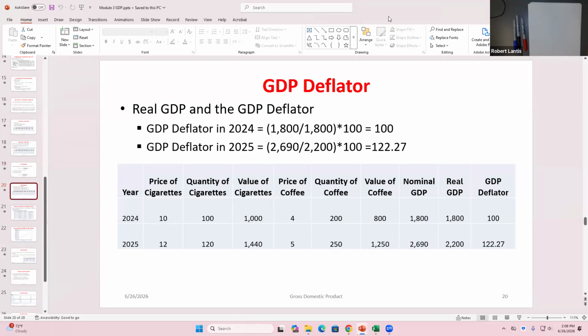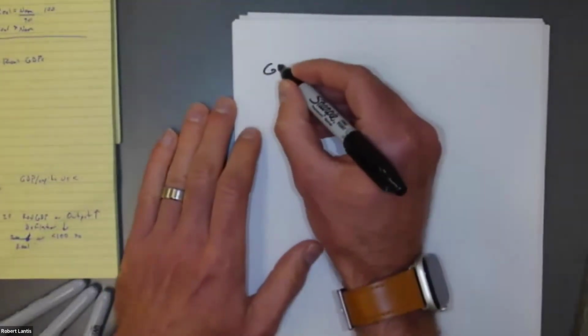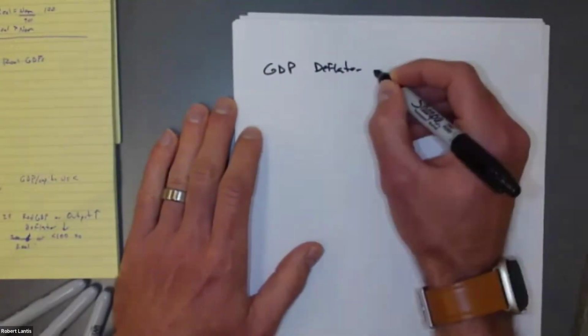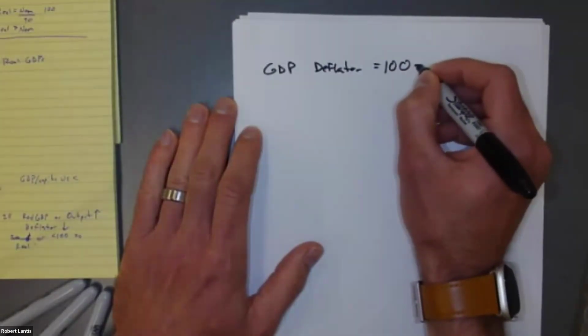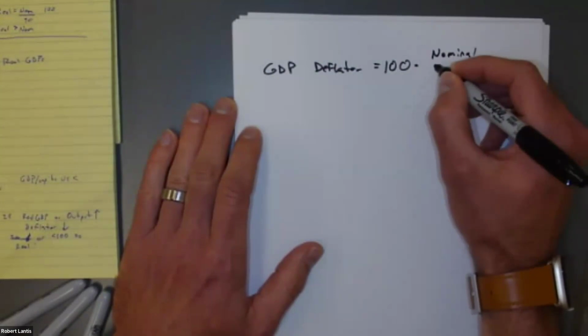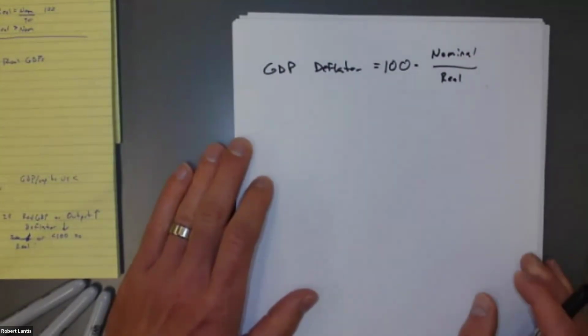What we want to think about is, okay, anytime I'm looking at the base year, we said that the GDP deflator is equal to 100 times that ratio of my nominal to my real GDP.